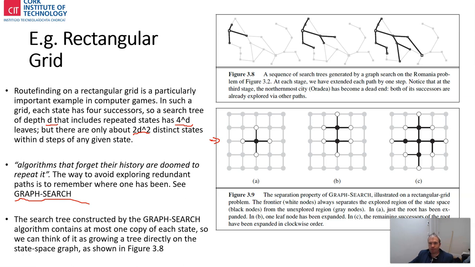Another nice property is that the frontier separates the state space graph into an explored region and an unexplored region, so that every path from the initial state to an unexplored state has to pass through a state in the frontier.